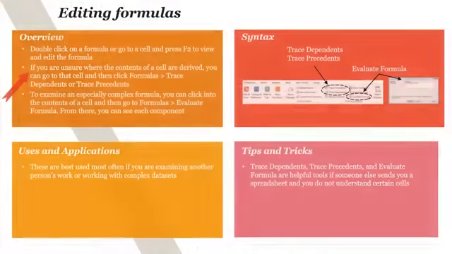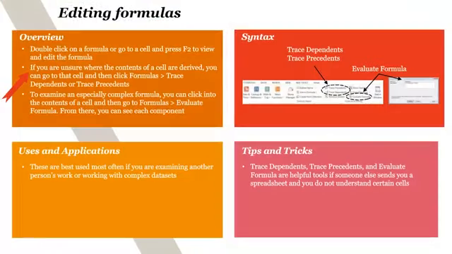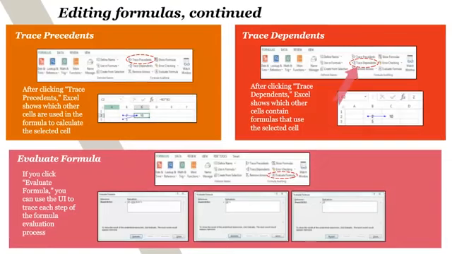If you want to see where the contents of a cell are coming from, you can navigate to the Formula ribbon and click on the Trace Precedents button. This will highlight all of the cells that are being used in order to calculate the value in the cell that you are looking at. The Trace Dependence button, also under the Formula tab, will allow you to show any cells that are referencing the cell that is currently selected.